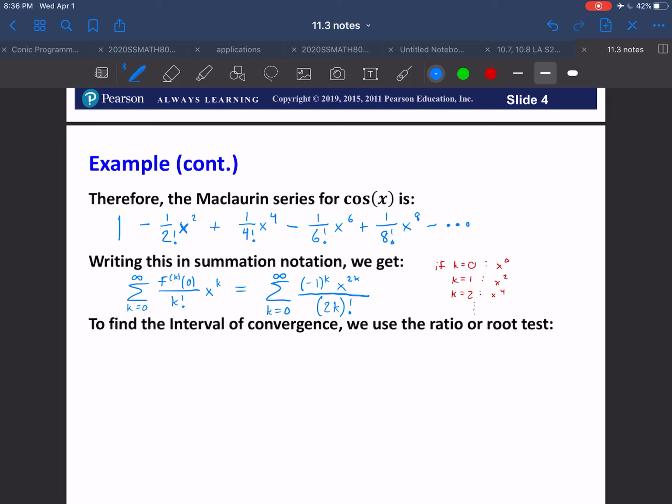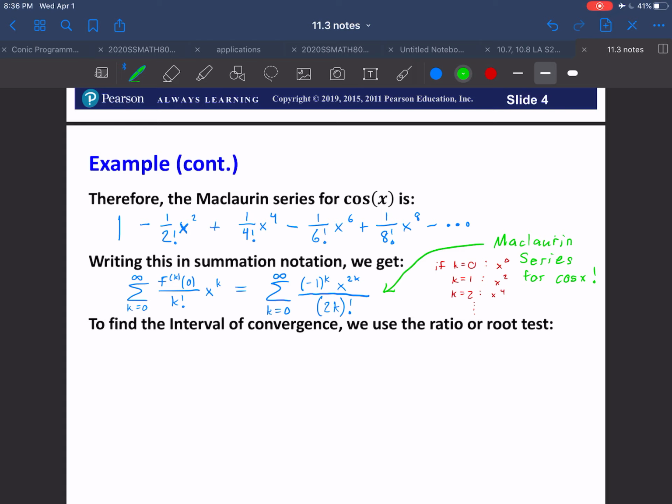And so the conclusion here is that this is the Maclaurin series for cosine of x.